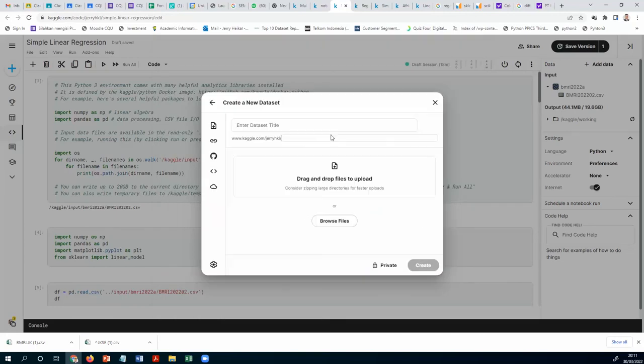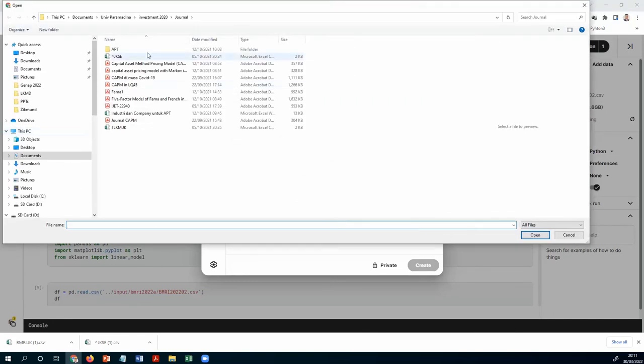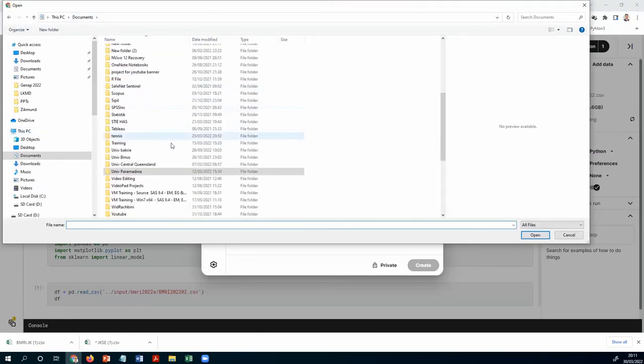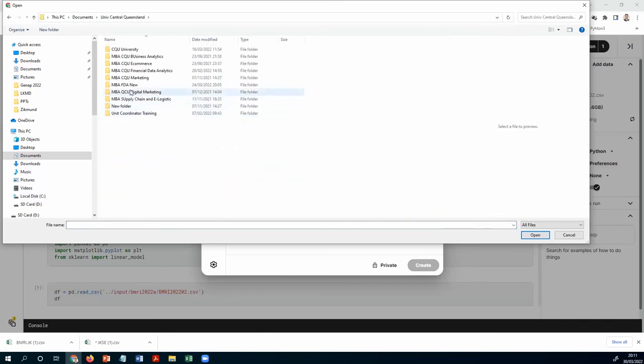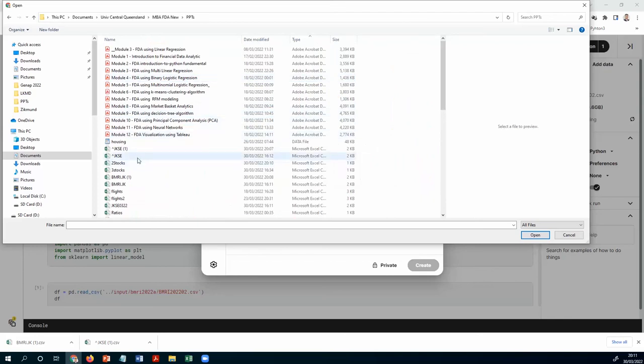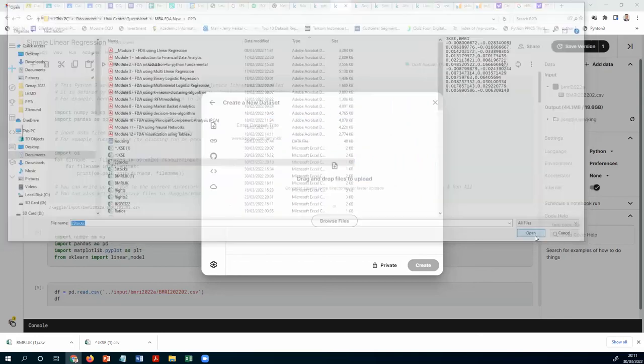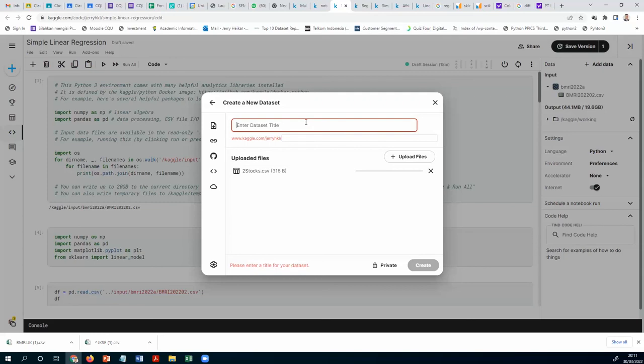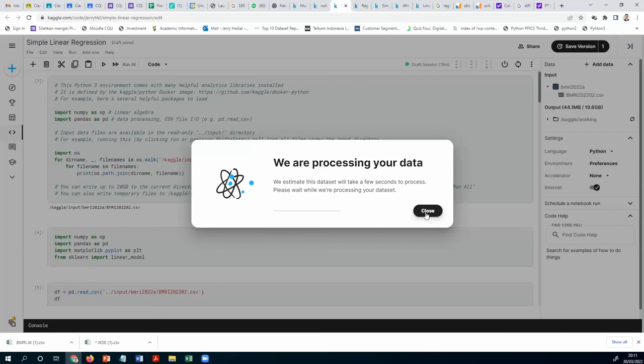Upload the data on the return of the stocks by monthly. The two stocks, open. Create. Close.